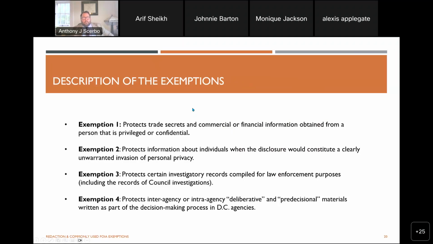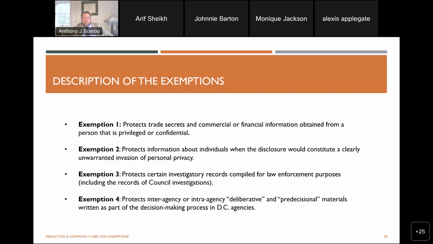So exemption 1 is about protecting trade and commercial secrets or financial information obtained from someone that's privileged or confidential. Exemption 2, the personal privacy, protects information about individuals when the disclosure would constitute a clearly unwarranted invasion of personal privacy. And we'll talk about those fine distinctions.